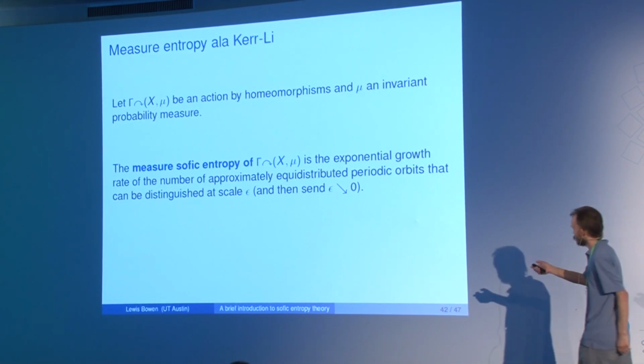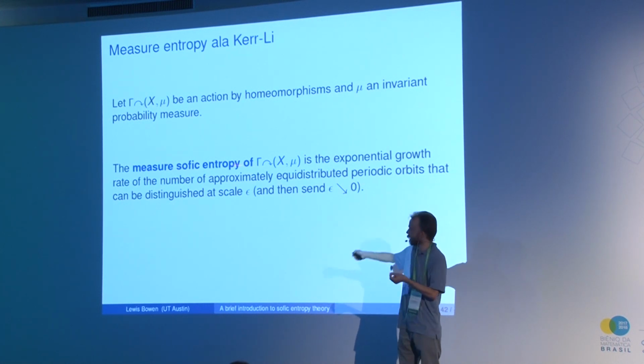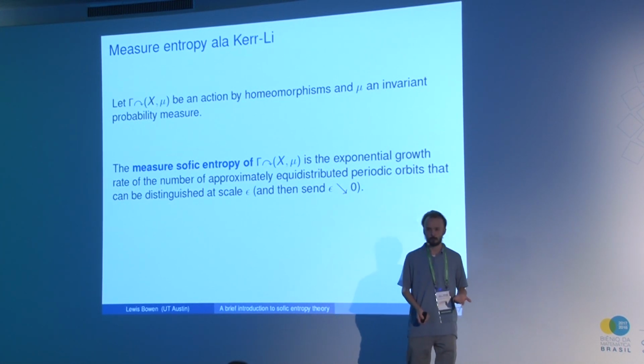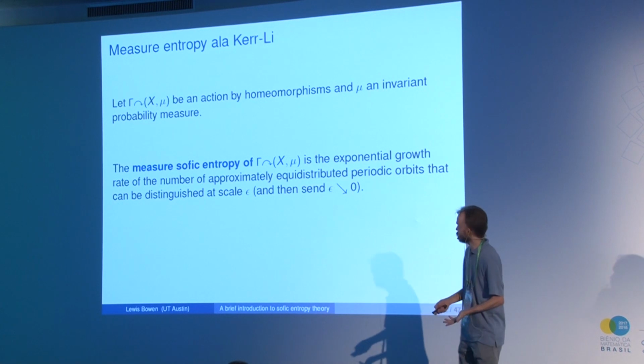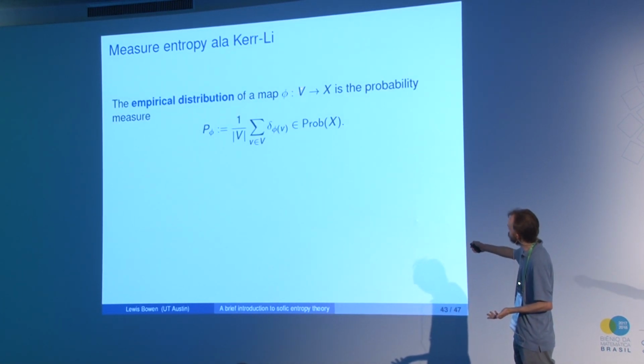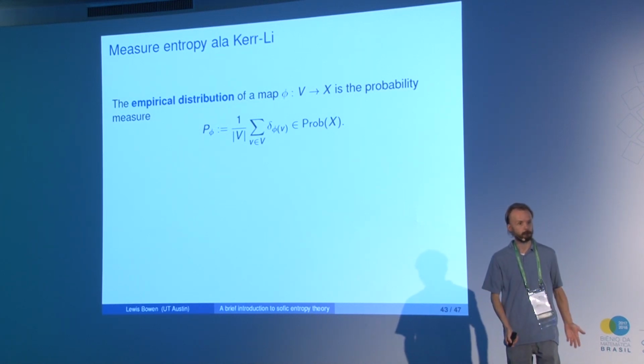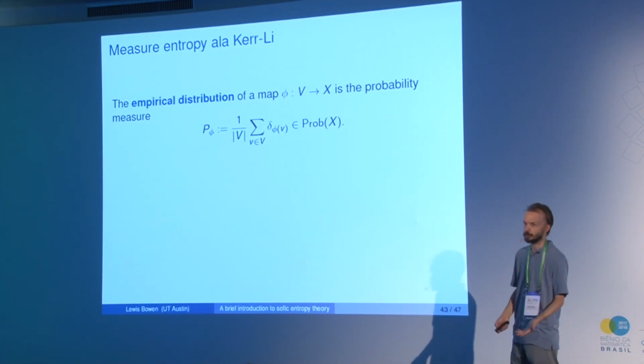But this time, we're going to require a little bit more. We're going to require that they are approximately equidistributed with respect to the given measure. So what does that mean? Well, if we have a map from a finite set into X, then we can just put the Dirac measure on the image of any point and just take the average. And we call that the empirical distribution.